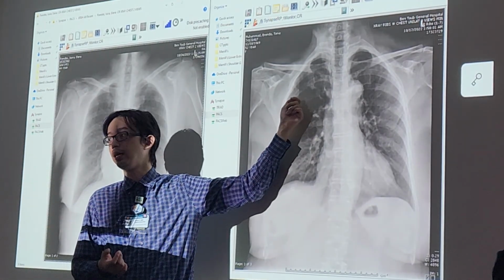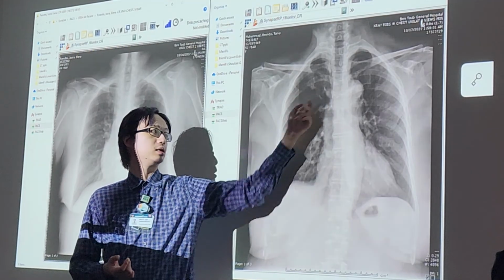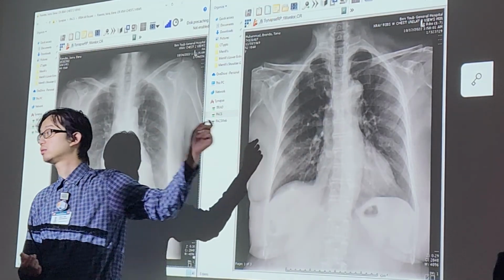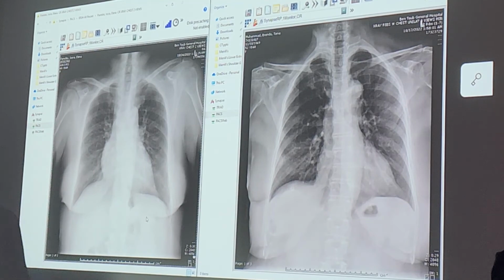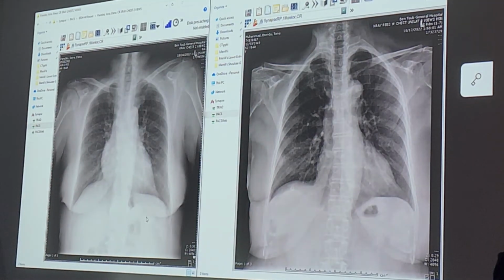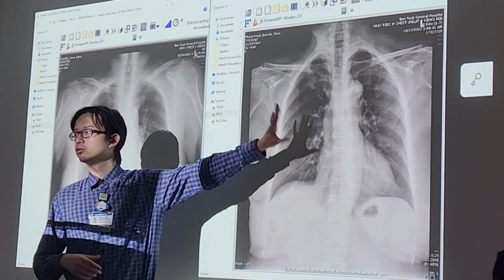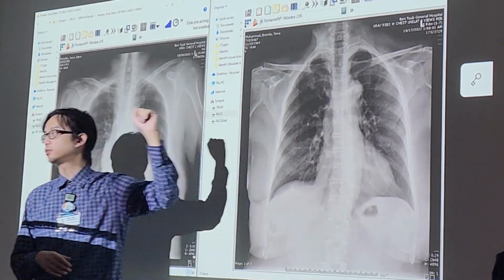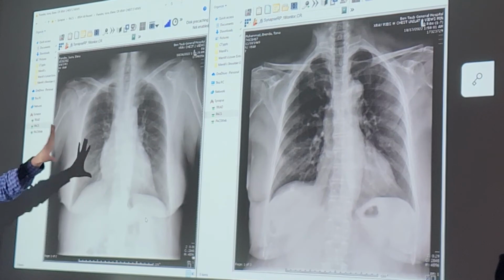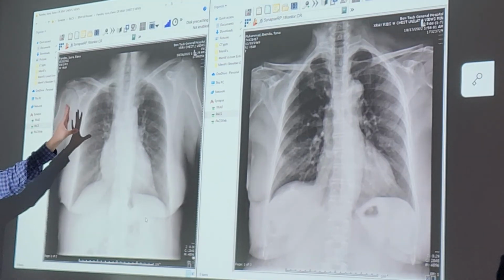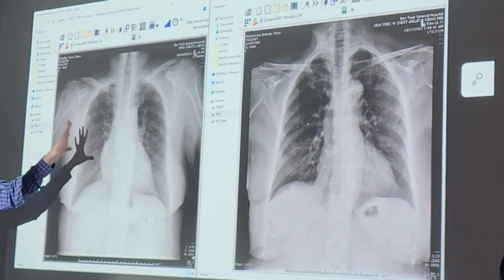Your contrast is higher, but you can see the bone a lot more clearly. So it all just depends on what the doctor is looking for. If they're looking for bone, you want this because this shows bone. Soft tissue, not so much. If you want soft tissue, you want this. It doesn't show bone as great, but it shows soft tissue a lot better.